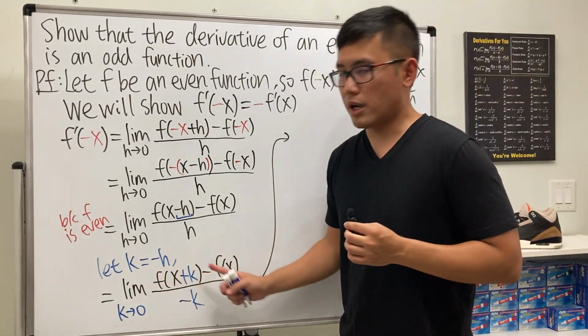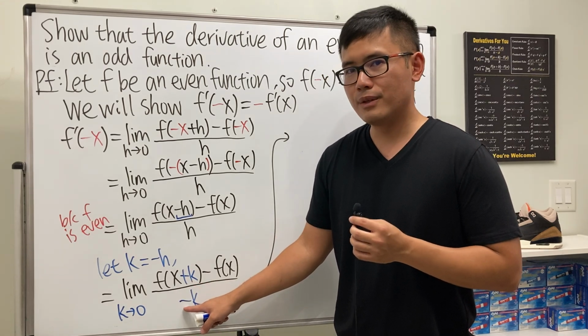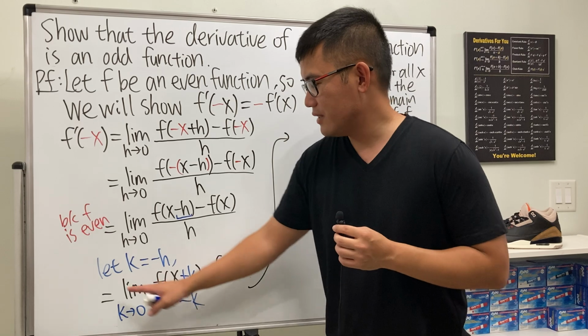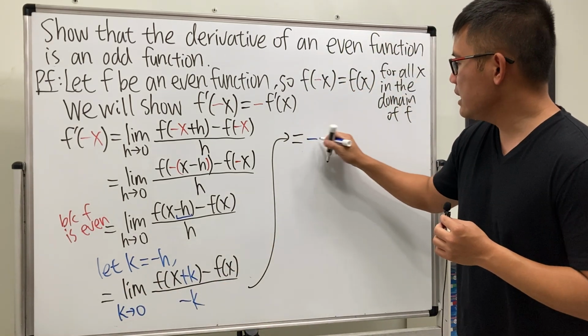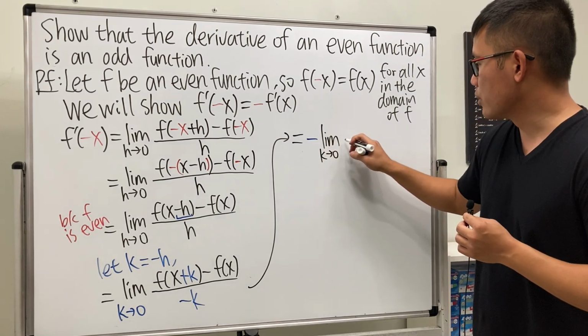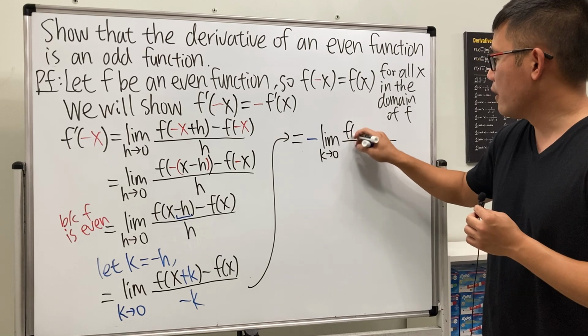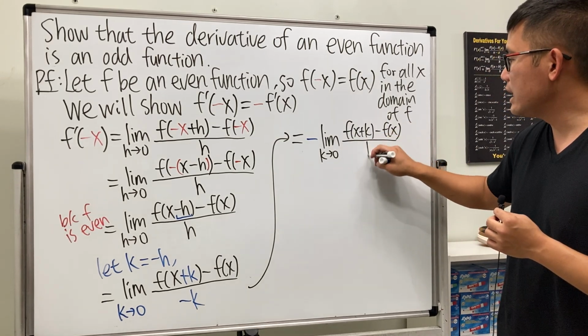Okay, so what exactly does this help us? Now, if you look at the structure, this is just like the definition of derivative, but this is negative. But don't worry, because we can put a negative at the front. So we have this being equal to negative, and then we have the rest is the limit as k going to 0, and then we have f of x plus k minus f of x all divided by k.